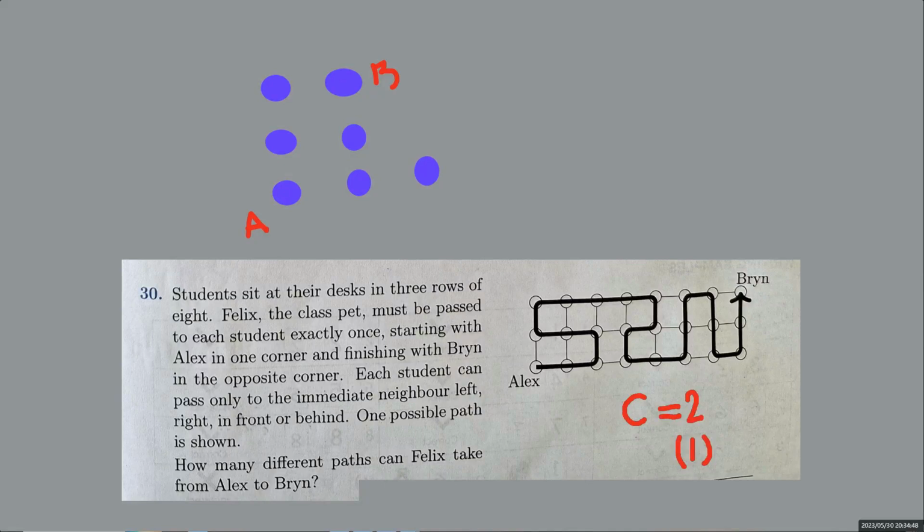So if we have like 3 columns, let's see how about now. Again, we're going to go from A to B. That's one way. Okay.